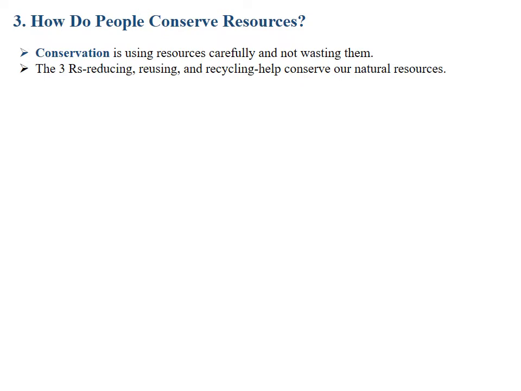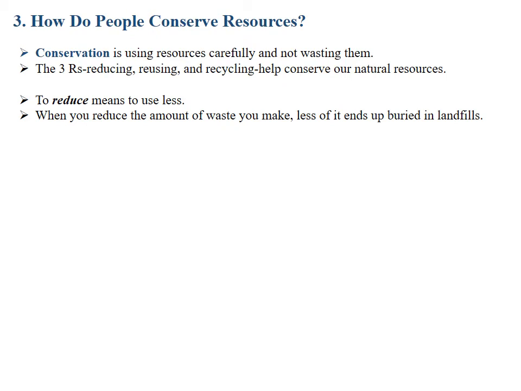So conservation is more important than ever. What is conservation? Conservation is using resources carefully and not wasting them. The three R's, which are reducing, reusing, and recycling, help conserve our natural resources.